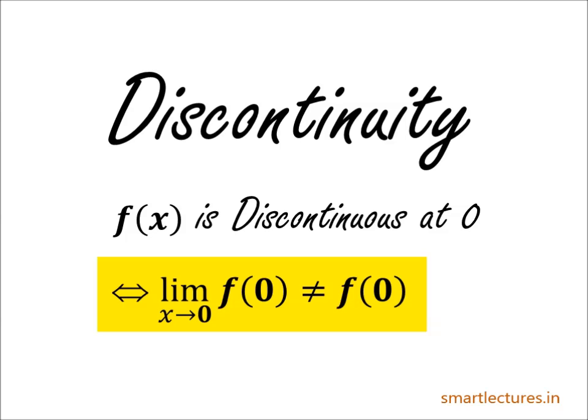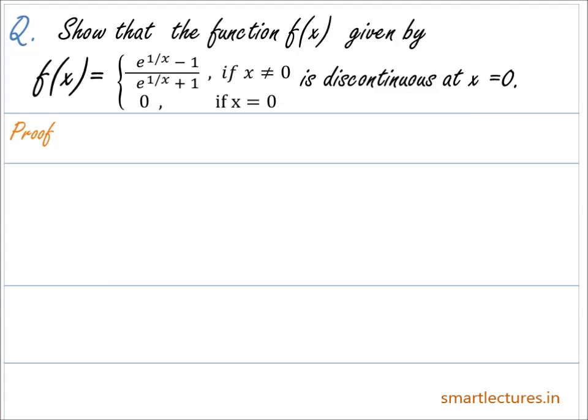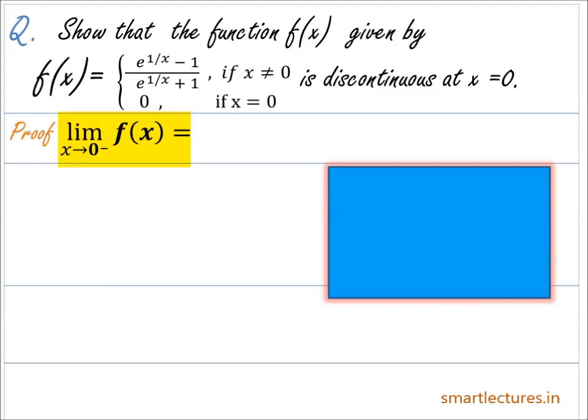So let's first of all check whether the limit of this function at the point x equal to 0 exists or not. And for that, let's find out its left-hand limit. Now left-hand limit of this function at x equal to 0 is equal to limit x approaches 0 from the left-hand side f of x.